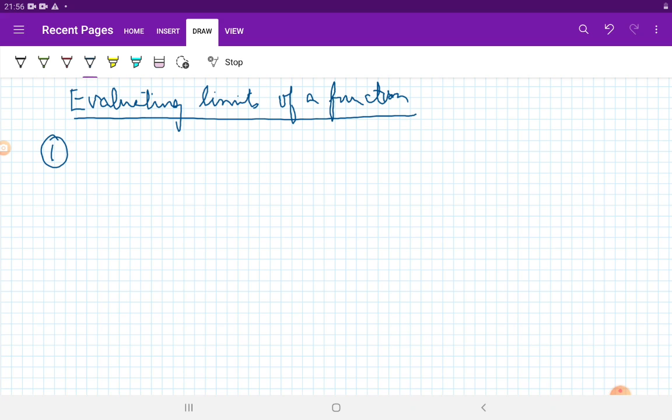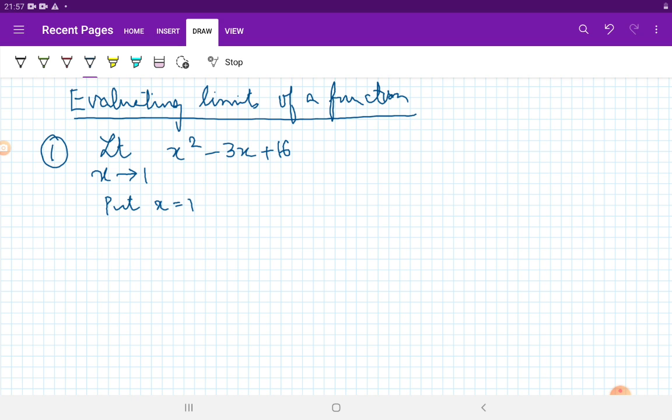The first example I'm going to talk about is this. Evaluate the limit as x tends to 1 of the function x square minus 3x plus 16. The first step would be for you to put x equal to 1 into the function.